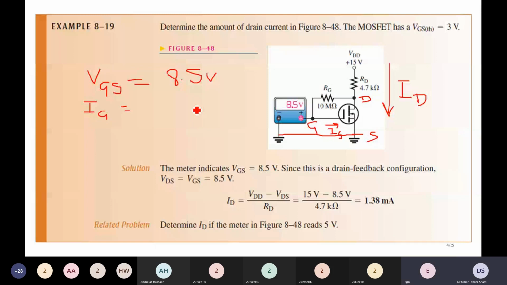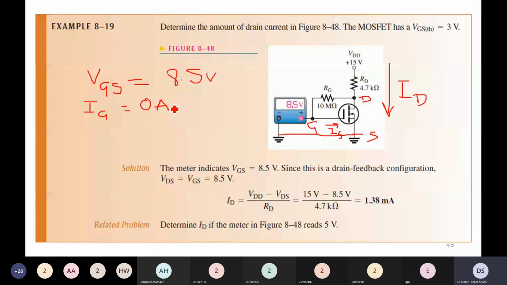It is 0 ampere. Do all agree with this? If we don't understand this point, then the next step will be difficult. Yes, sir, I agree. IG is 0. Gate current is 0 ampere.